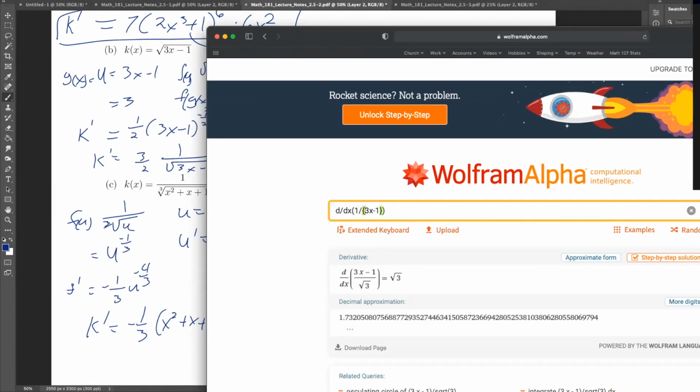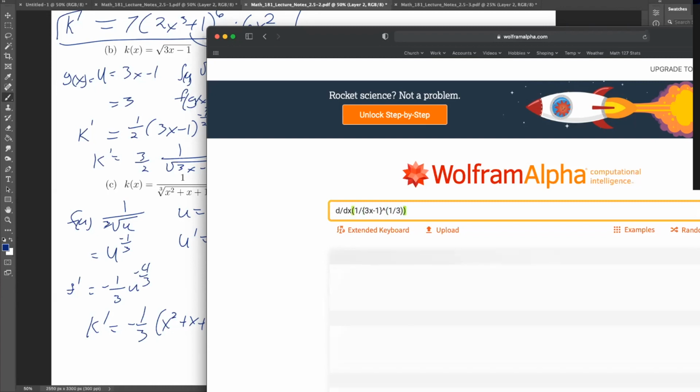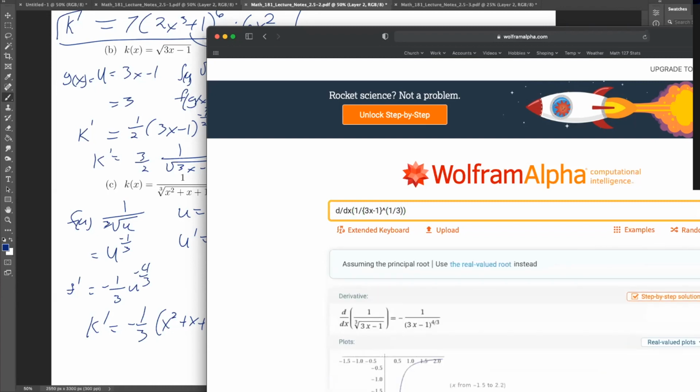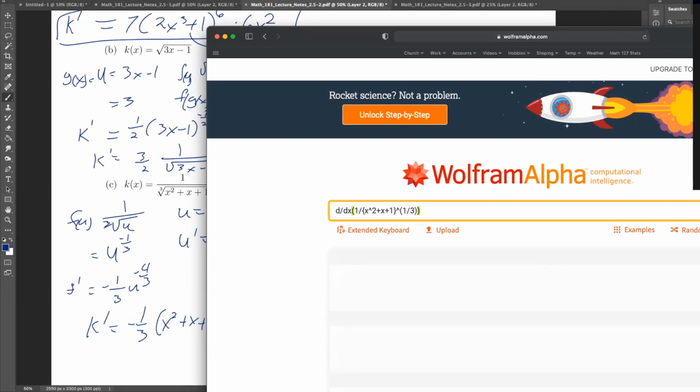We'll just type it in the other way. Oh, good. Now it reads it correctly. And did I put in the right g? No. x squared plus x plus 1.